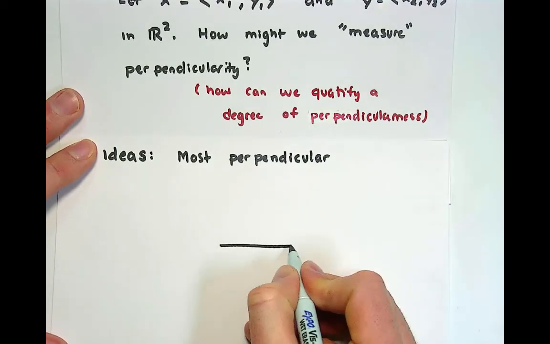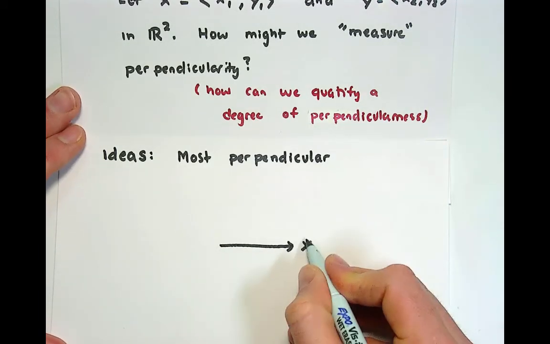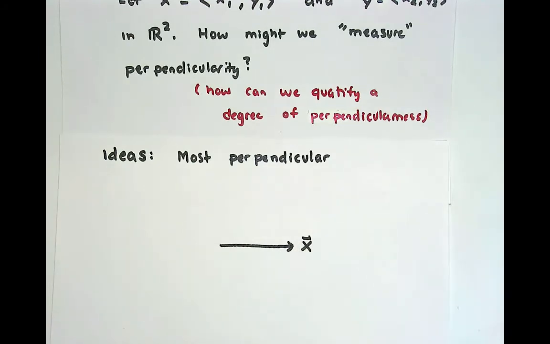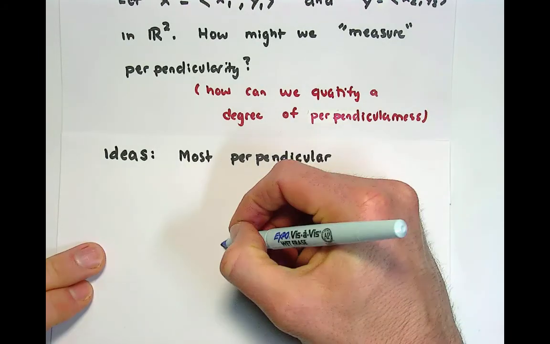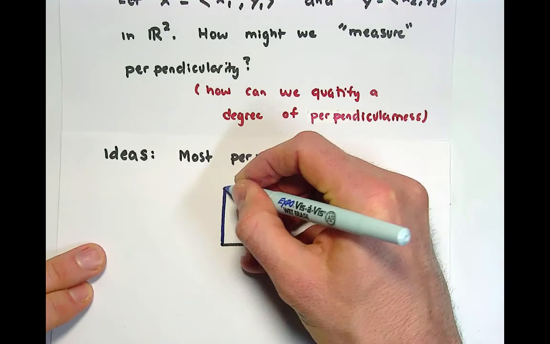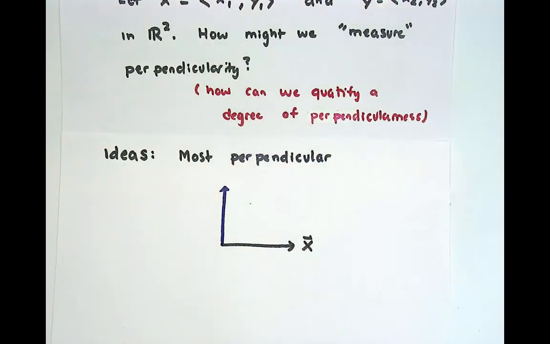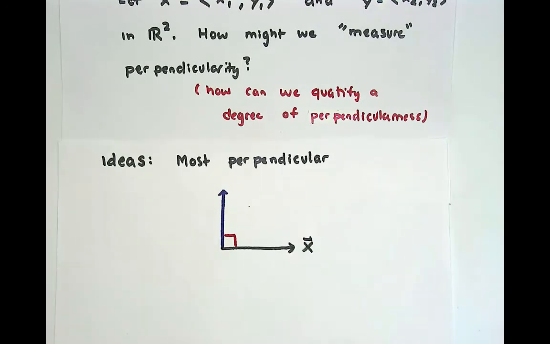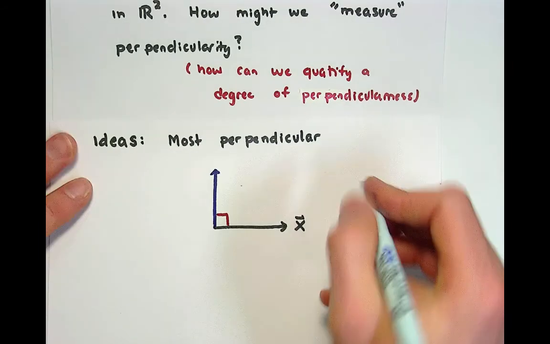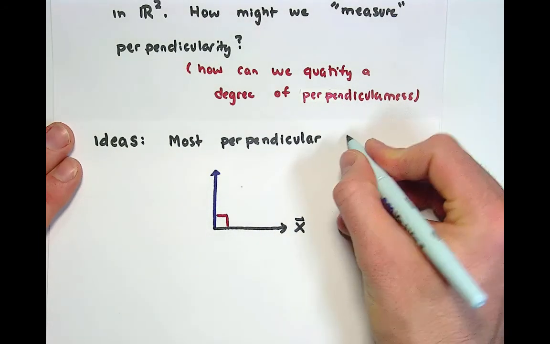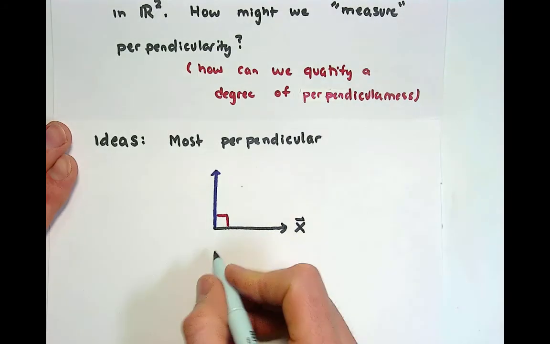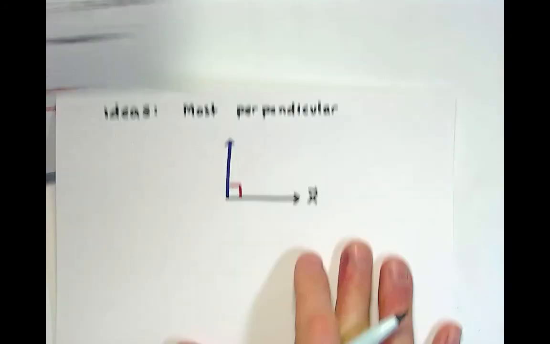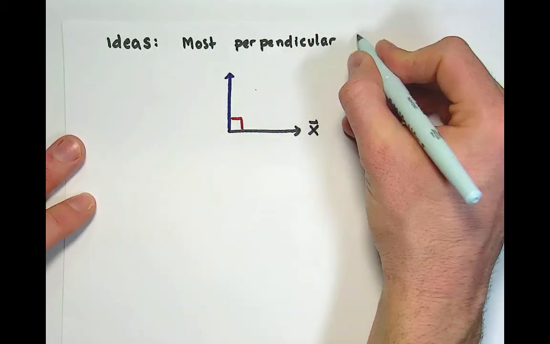Well, perhaps we say that the first vector is at 90 degrees to the second vector. So you would hope that in this situation, this is what we would want to be the most perpendicular, right? So this means a large number in the measurement, biggest measurement. So when we think about how to measure perpendicular, we want the biggest measurement.